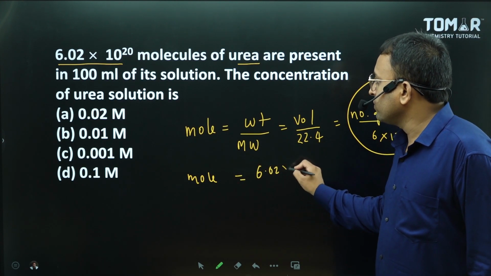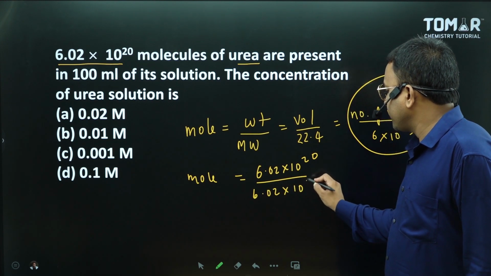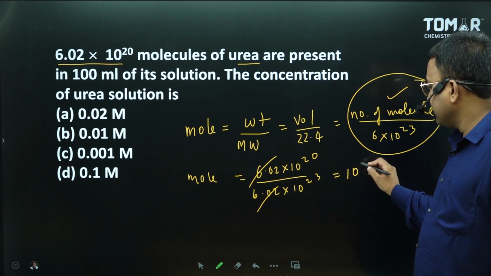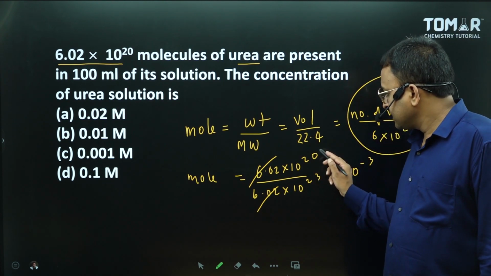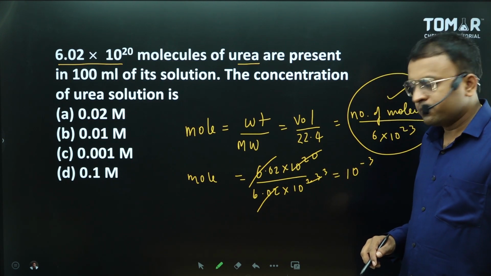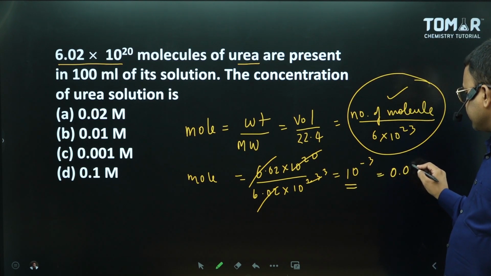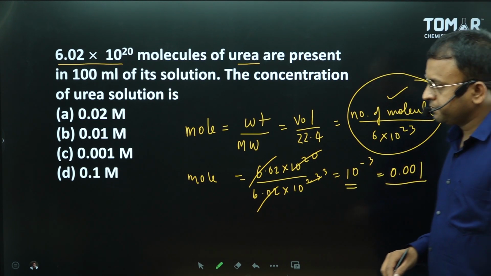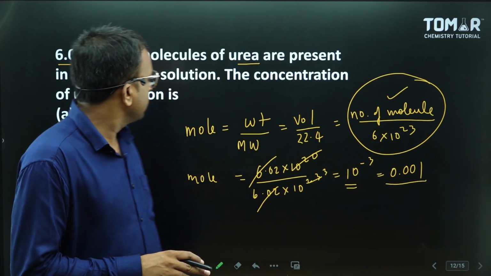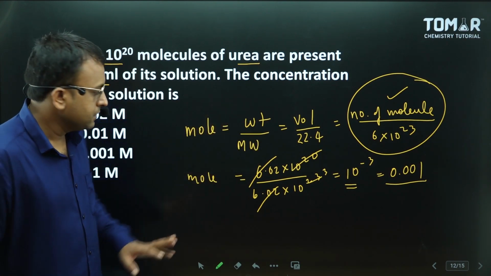Molecules is 6.02 into 10 to the power 20, divided by 6.02 into 10 to the power 23. The number of moles will be 10 to the power minus 3, which is equal to 0.001 mole. So moles of urea present in 100 ml is 0.001.